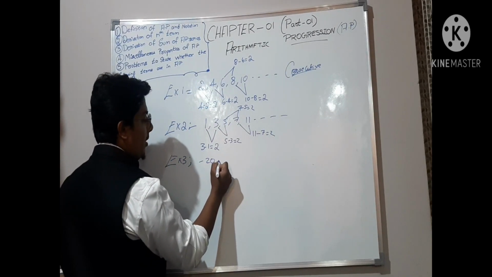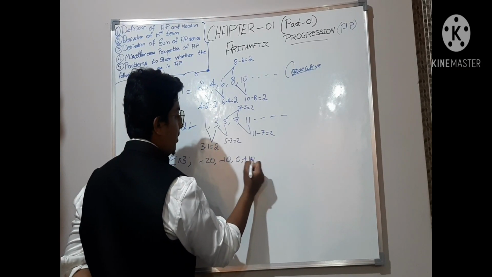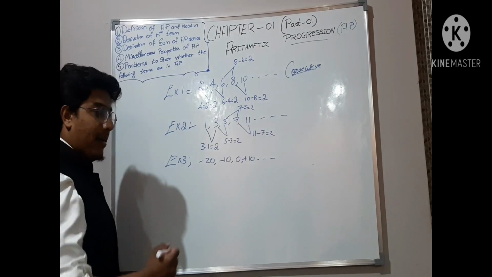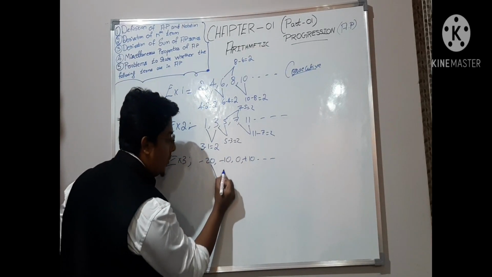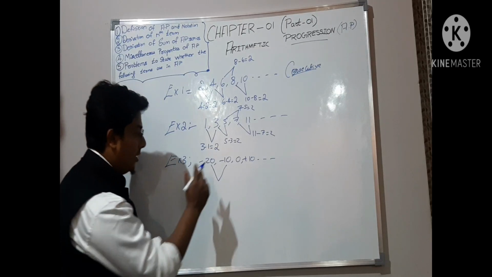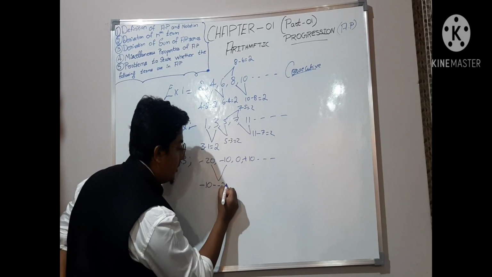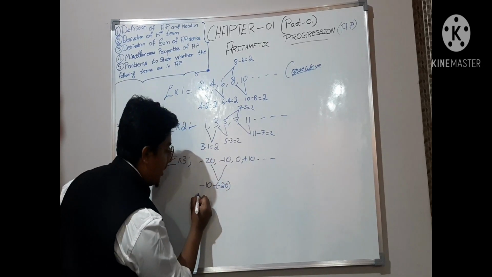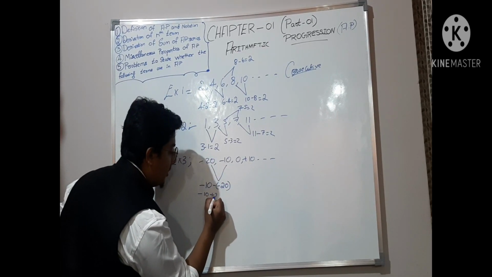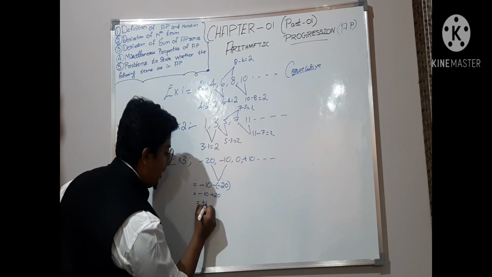Minus 20, minus 10, 0, plus 10, etc. Let us consider these two terms. As per the definition, we take the difference between two consecutive terms: minus 10 minus of minus 20, which is minus 10 plus 20, equal to plus 10.